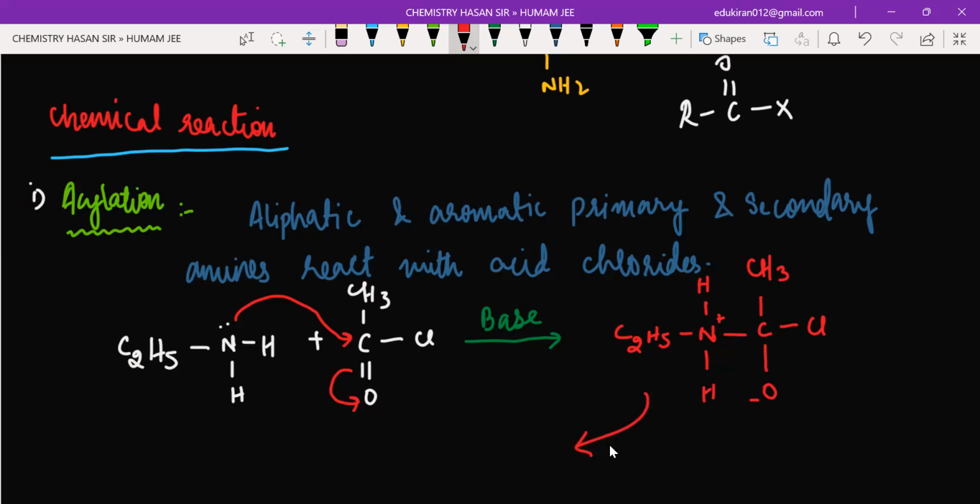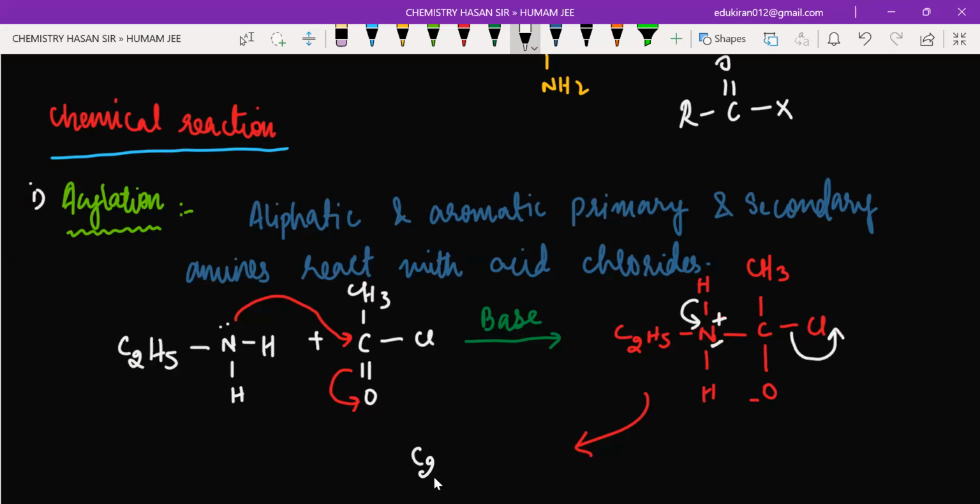You know that for a more electronegative element, if a positive charge is there, it is unstable. So in order to stabilize itself, this nitrogen will take electron from hydrogen. And this chlorine is a leaving group, so it will leave the carbonyl compound.